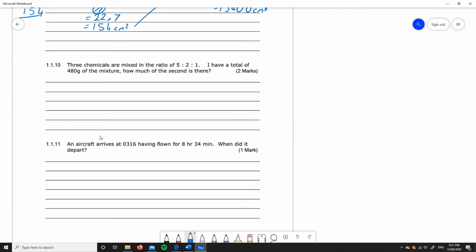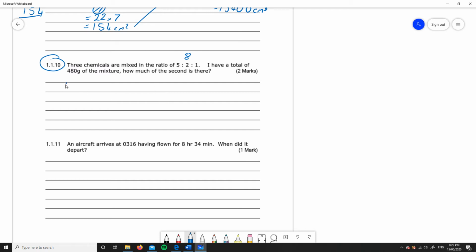Moving on to question number 10. So if I look at this one here, I'm looking at 3 chemicals mixed in a ratio of 5 to 2 to 1. So in a total, I'm adding those together and that is going to give me 8 parts.